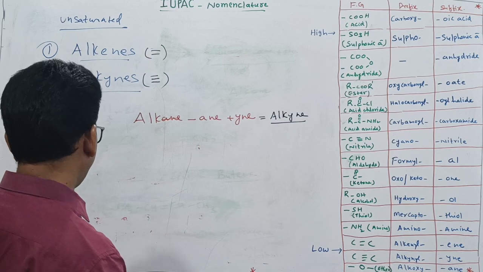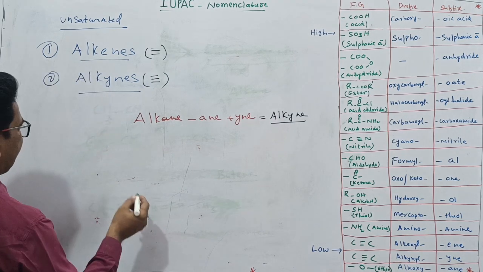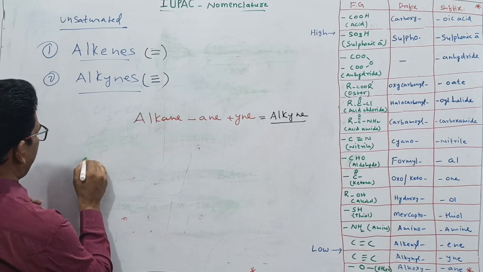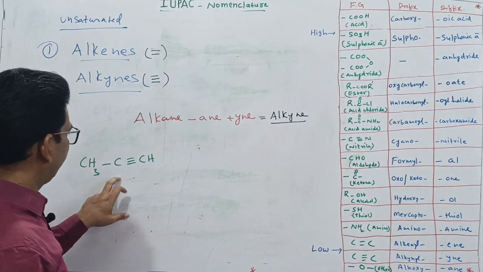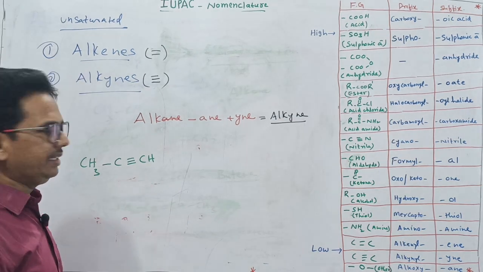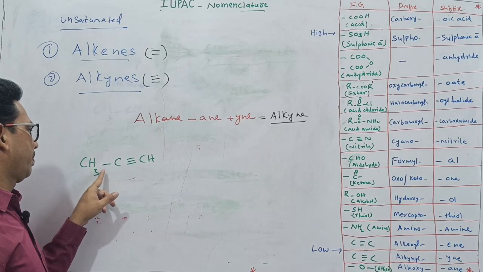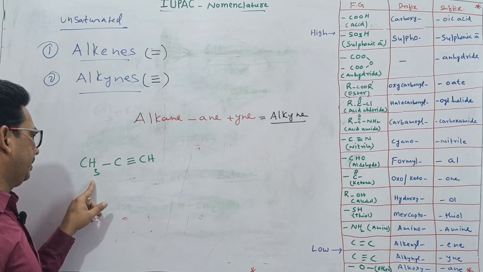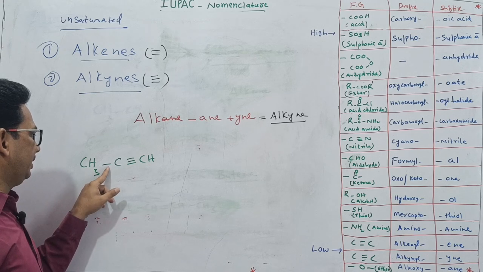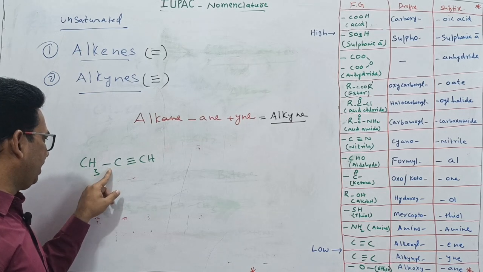Then for example, we can try different examples. I will give one example. See, we always have to check that the valency is balanced in this case. Carbon valency is how much? 4. Is it right? Here how many hydrogens are there? 3. Is it right? This bond is nothing but 1. 3 plus 1, 4.